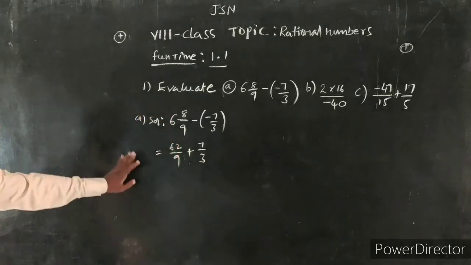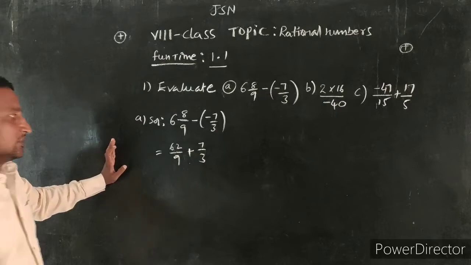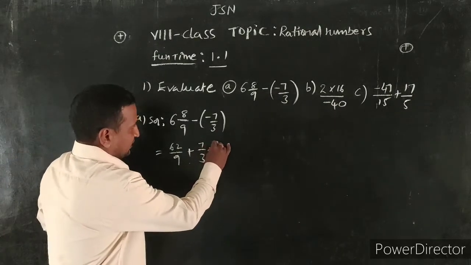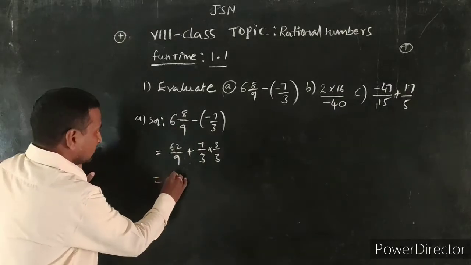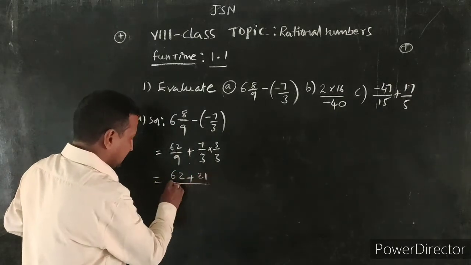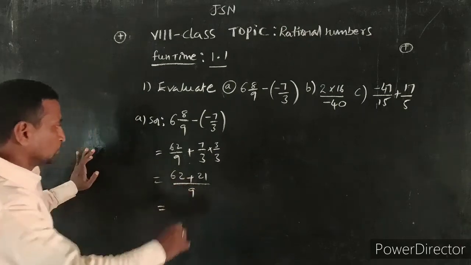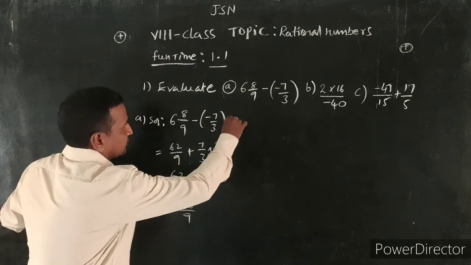Find the LCM of 3 and 9; the LCM is 9. So multiply the second fraction's numerator and denominator by 3. 62 plus 7 threes are 21, by the LCM 9, equals 83 by 9.